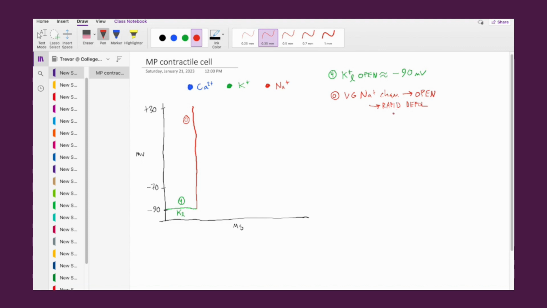Okay, and why does that happen? Well, the sodium rushes into that contractile cell. So we have a lot of positive charge moving into that cell now relative to the outside. Now we're going to involve another potassium channel. And we're going to see this small repolarization here, and we're going to call this step 1 accordingly.